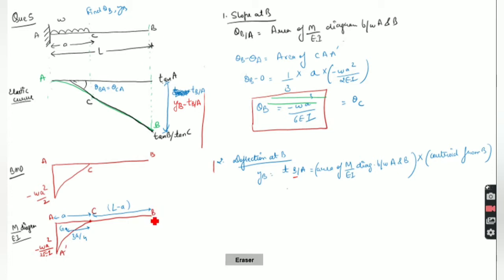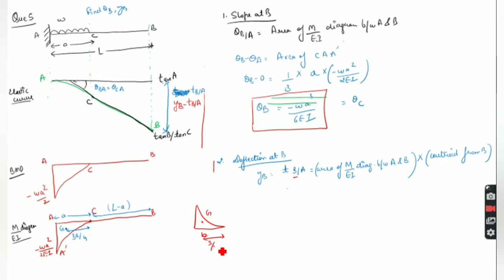And now to calculate the distance from B, the centroid of this area G is at a distance of 3/4 B. This you know: if we have a semi-parabola and this distance is B, its centroid will be at a distance of 3/4 of B from this end.